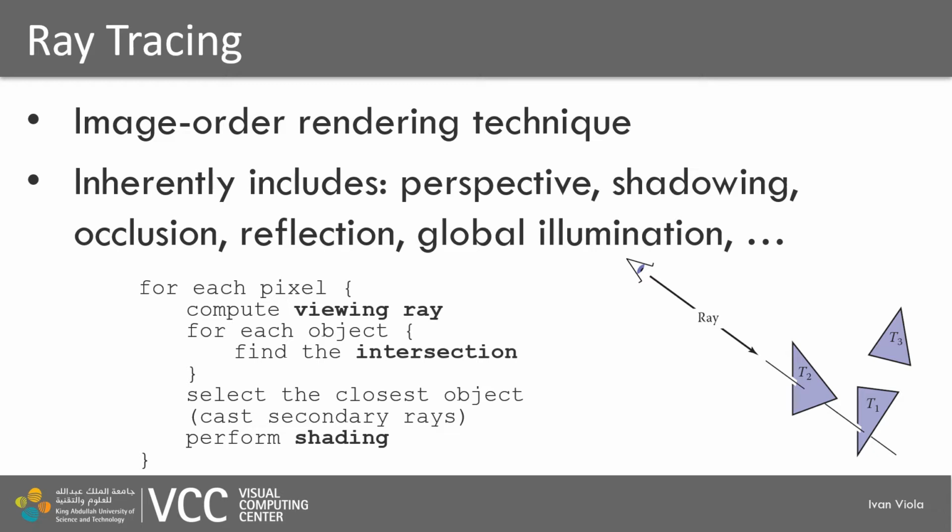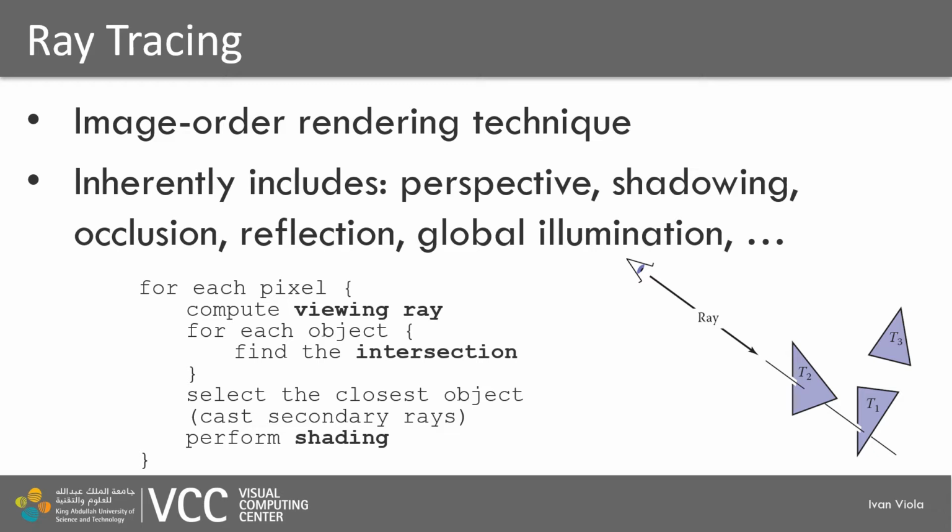It is called image order technique because we start from an image, we cast the rays from an image, and then for each pixel as an element of this image, we evaluate the corresponding viewing ray or viewing rays in order to find out what is the particular color of this pixel.